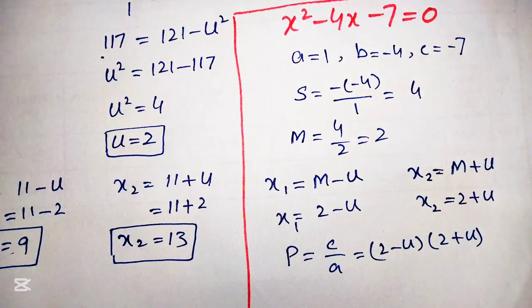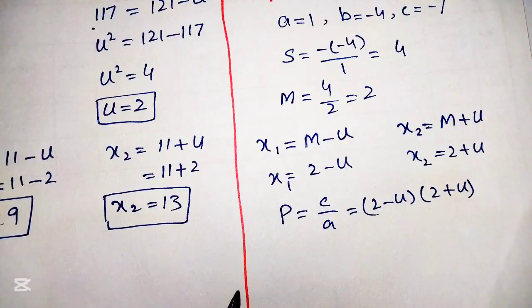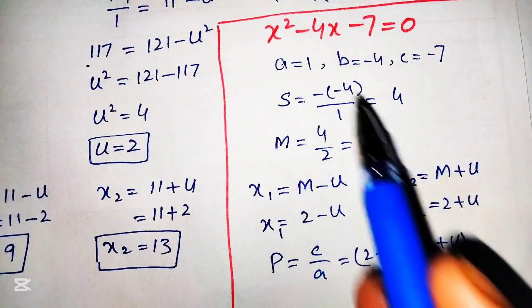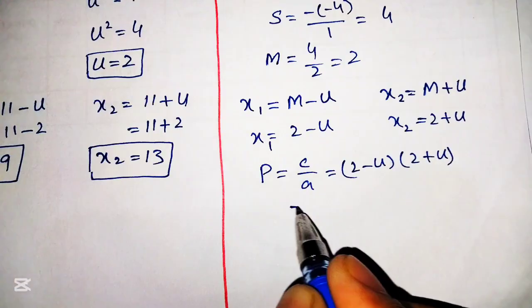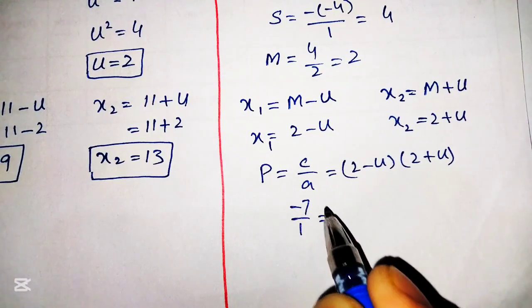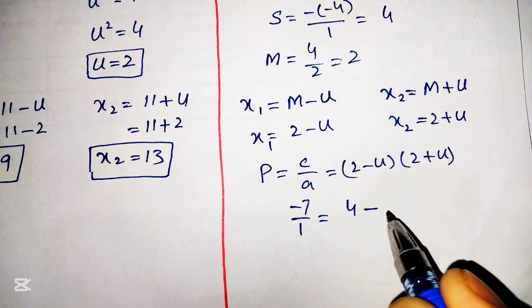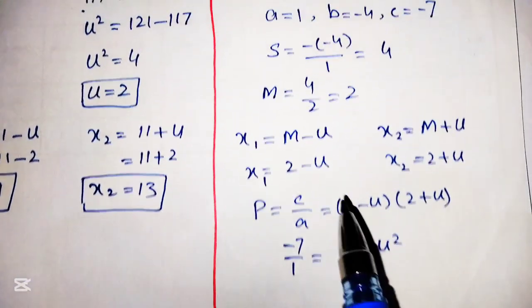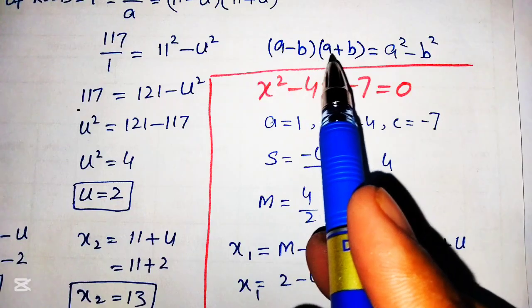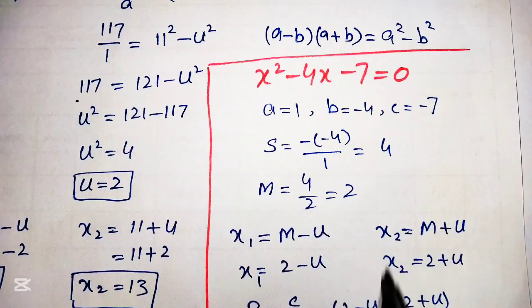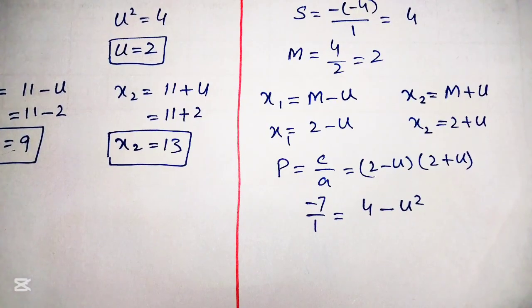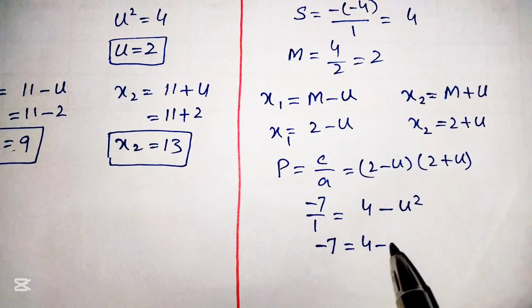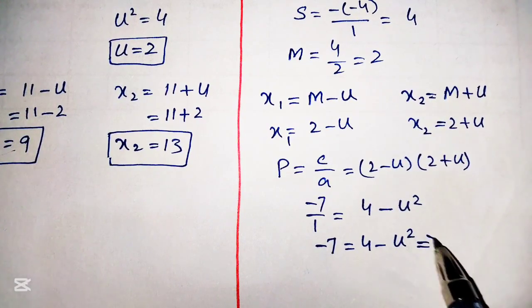So putting the value of c and a here, c is equal to minus 7 and a is equal to 1, it will become minus 7 over 1 is equal to 4 minus u squared, according to the formula we stated earlier, a minus b times a plus b is equal to a squared minus b squared. Now simplifying this, we get minus 7 is equal to 4 minus u squared.